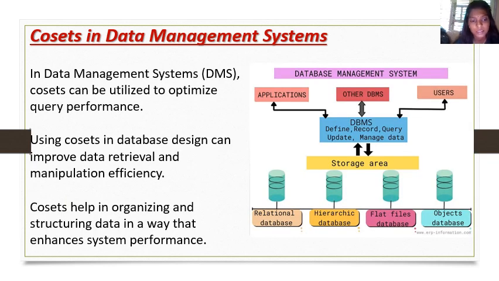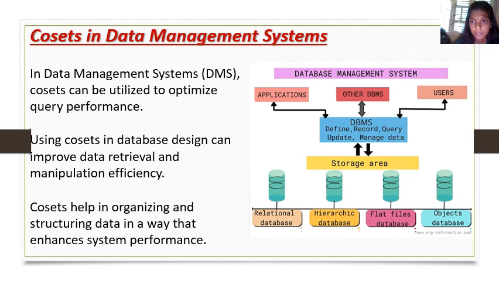Next is cosets in database management systems. In data management systems, cosets can be used to optimize query performance. Using cosets in database design can improve data retrieval and manipulation efficiency. Cosets help in organizing and structuring the data in a way that enhances system performance.